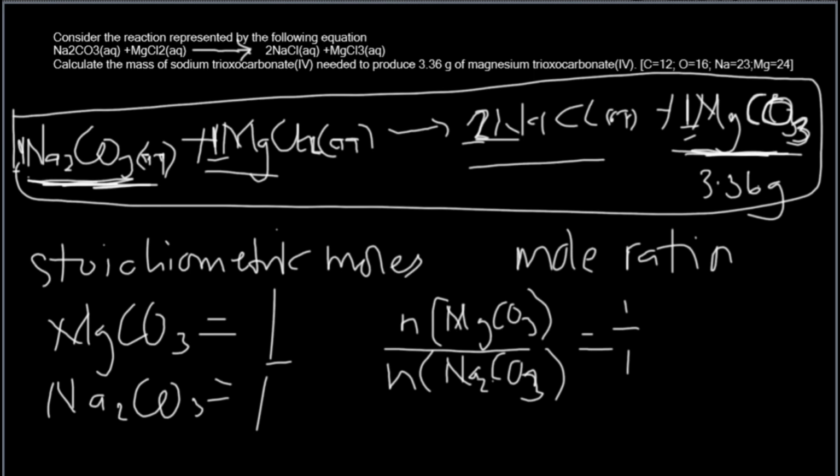So it's 1 is to 1. Therefore, the mass of the magnesium carbonate wouldn't be the same as the mass of this, because we have to turn this mass into moles, then compare it with the sodium carbonate to get its mass.